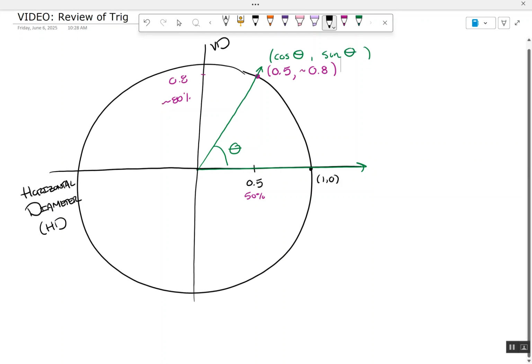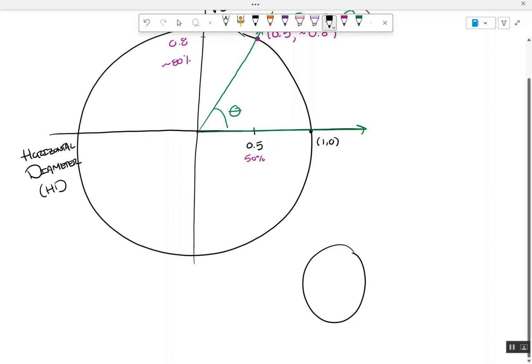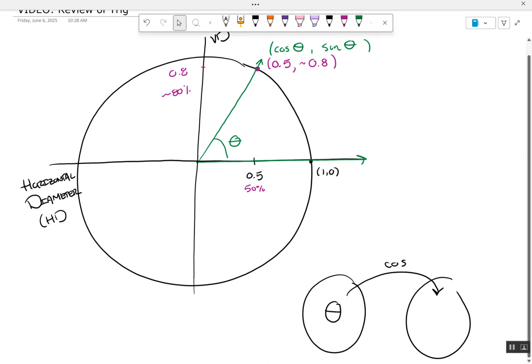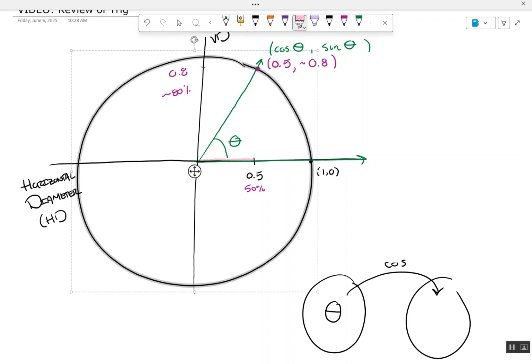So we have that cosine takes an angle measure as its input, and it spits out how far to the right this point is. Cosine tells me how far to the right. The distance to the right of the vertical diameter.